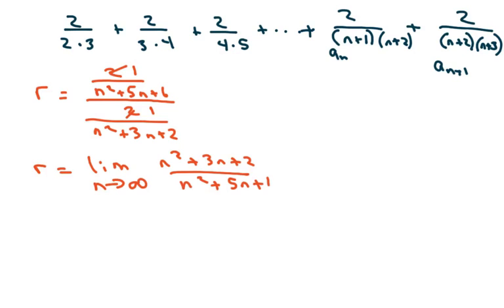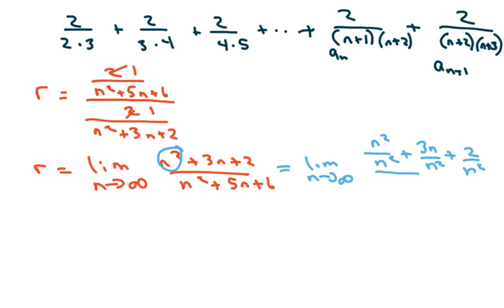Now I'm going to pick the term with the highest power, n squared, and I'm going to divide everything by n squared. So that helps me take the limit better. So you have n squared over n squared plus 3n over n squared plus 2 over n squared, all divided by n squared over n squared plus 5n over n squared plus 6 over n squared.